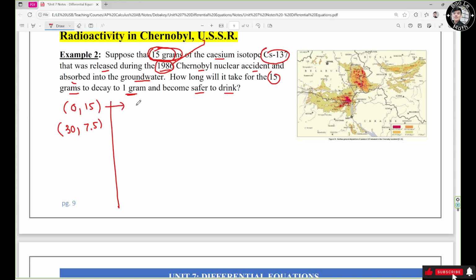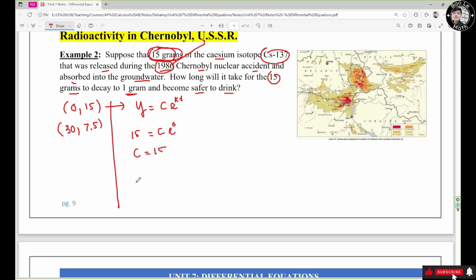So I have the formula y equals c times e raised to the k times t. I need to solve for c first, so I substitute (0, 15) over here. So it will be 15 equals c times e to the 0, so c equals 15.